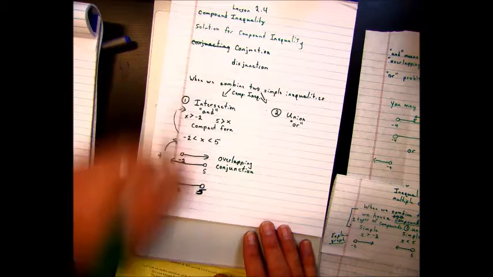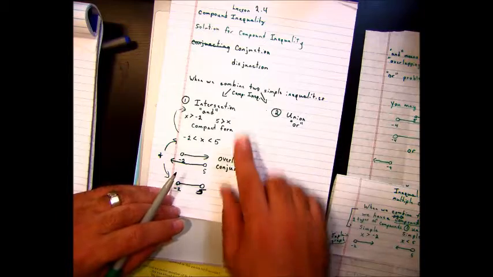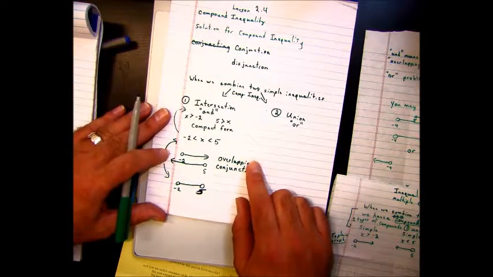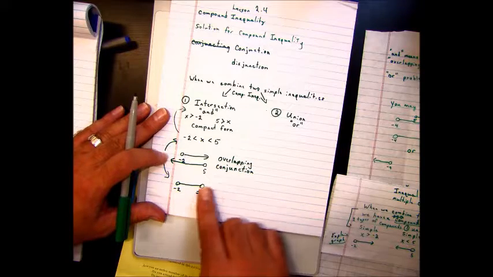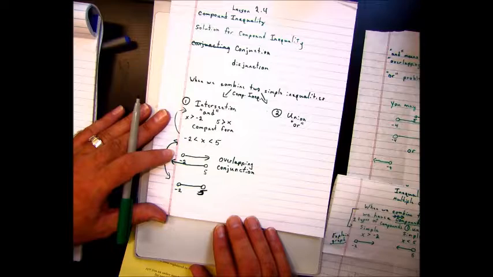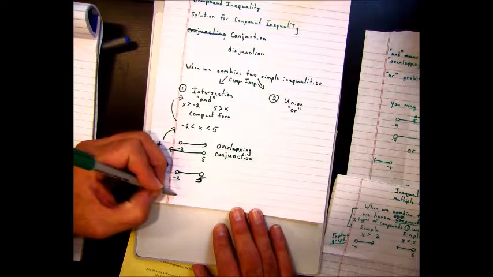Okay, conjunction meaning overlapping. All intersection problems are conjunctions. They're all overlapping because the answer's in between two numbers. Alright? Now, is it possible they try to trick you? Of course it is. Let's say they give you something like this.